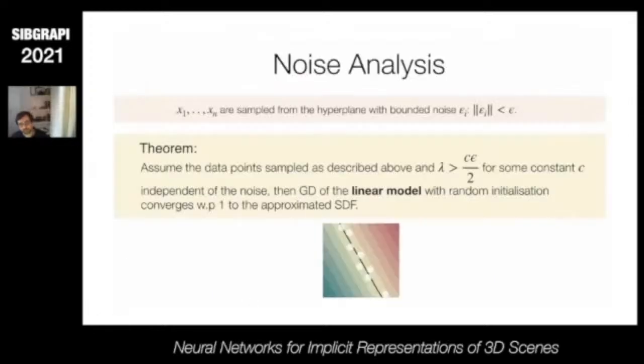The authors also consider the noisy case where the data is sampled from the hyperplane with additional bounded noise. Also in this case, it's possible to find a specific lambda that guarantees the convergence to a good SDF solution.